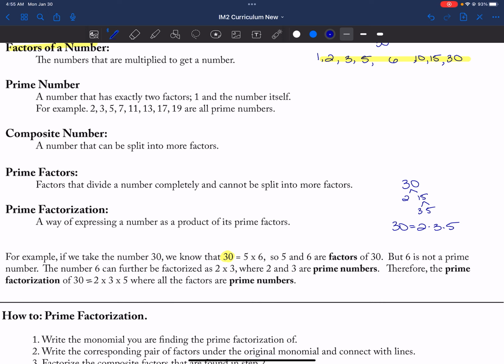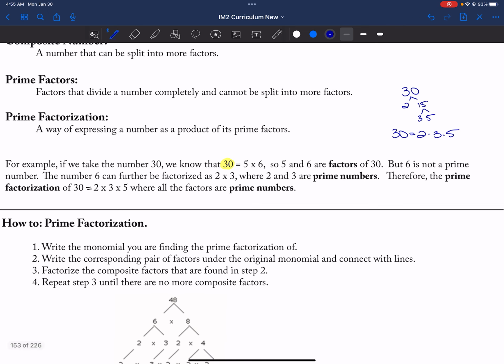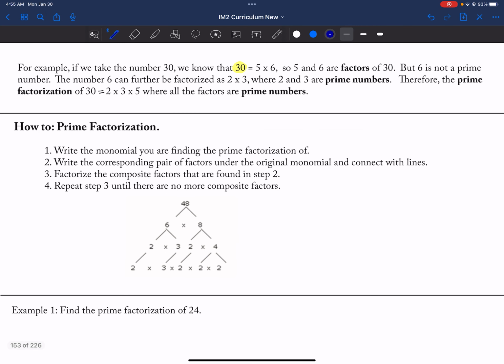Okay, so we will be using more of what the factors of a number are versus prime factorization, but just to get you thinking about divisibility rules, we'll practice prime factorization. These little dashes are called a factor tree.